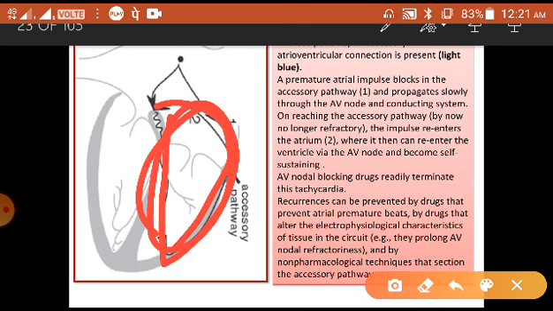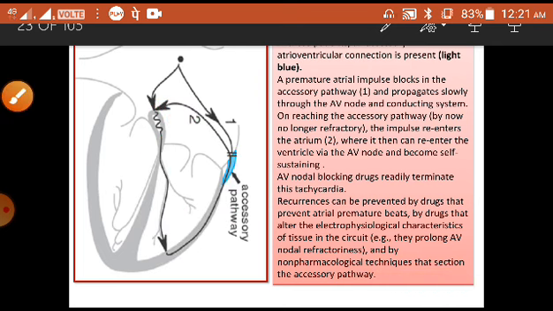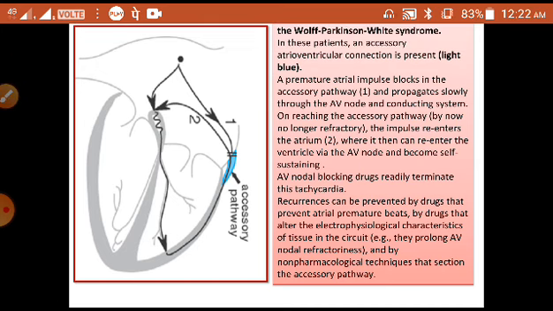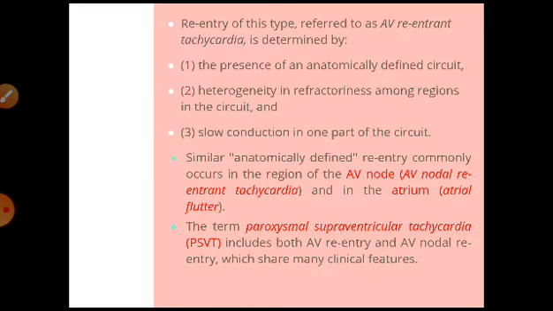So it starts moving like this, again and again entering the same pathway. I hope you understood what this means.